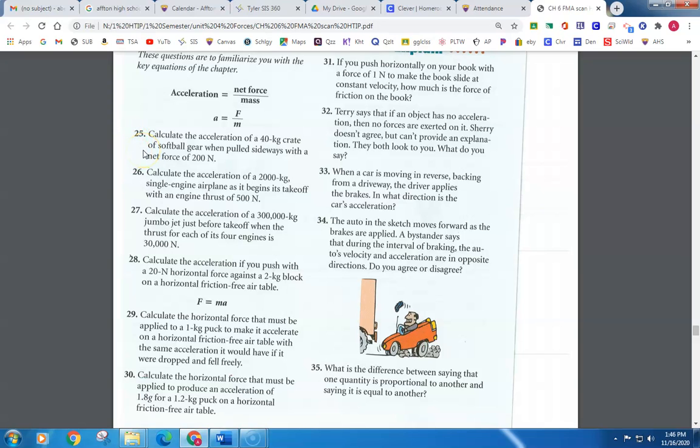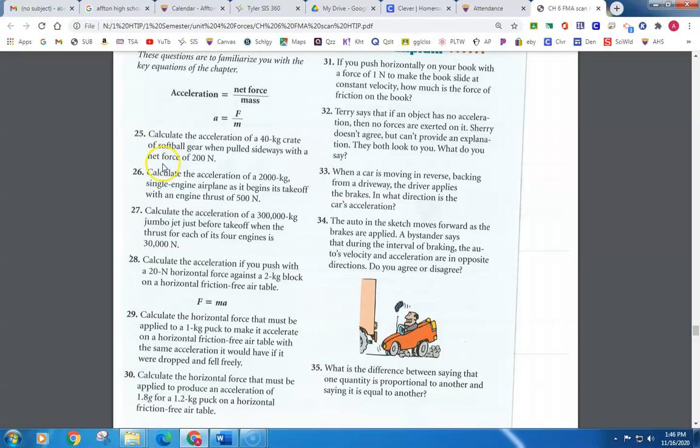Number 26. Calculate the acceleration of a 2,000 kilogram single engine airplane as it begins takeoff with an engine thrust of 500 newtons. That is 500 newtons divided by 2,000 kilograms, which is 0.25 meters per second squared.